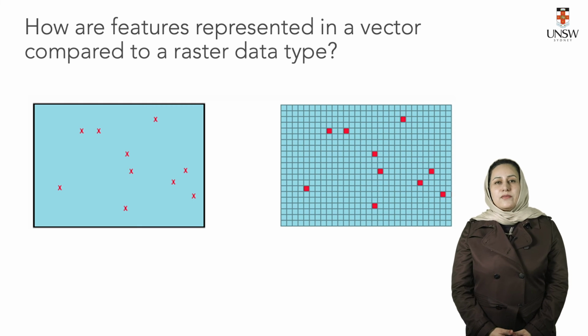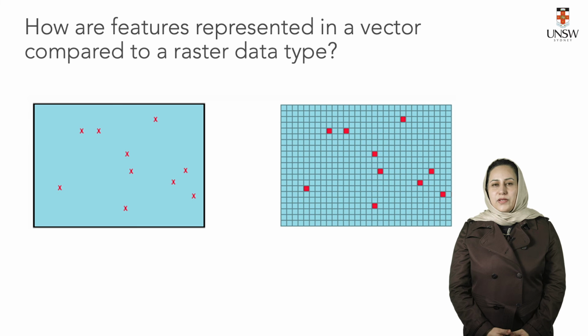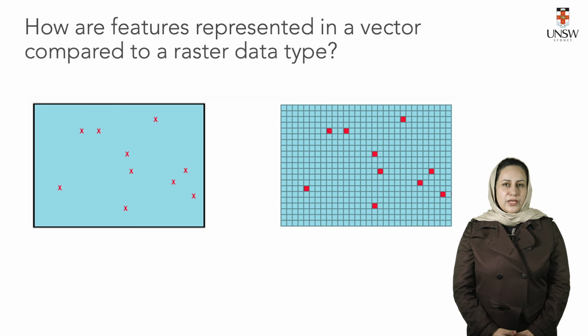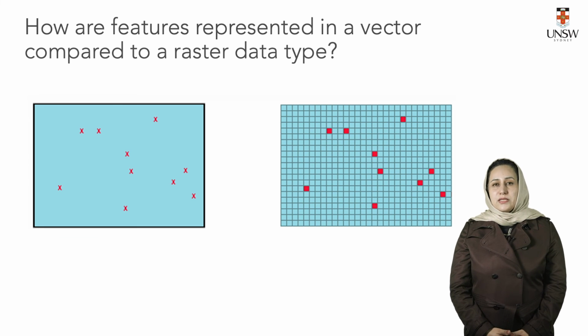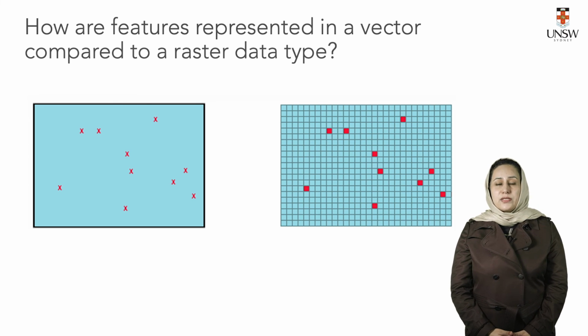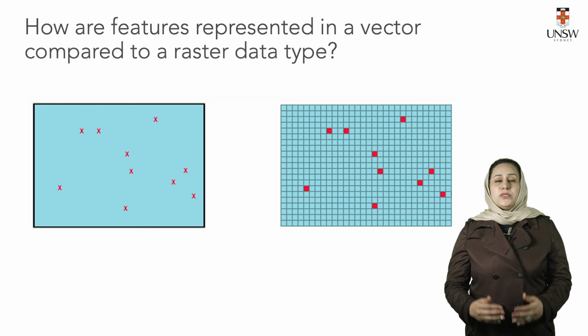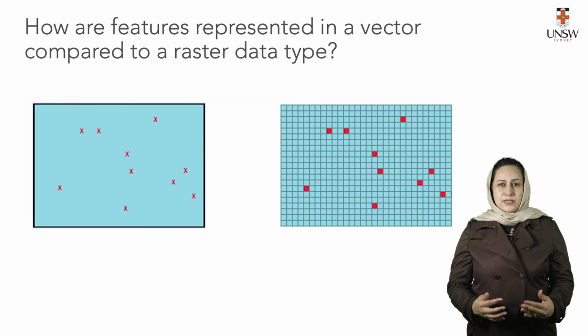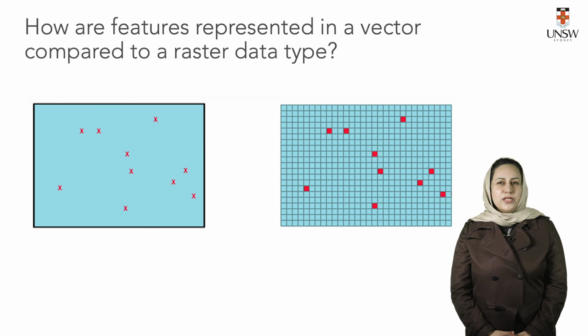So far, we have learned about raster and vector data types. Okay, let's see how we can show features in these two data types. Please have a look at the representation of the same point features in this slide in the two data types of vector and raster. Which figure shows a raster data type and which one is representing a vector data type?